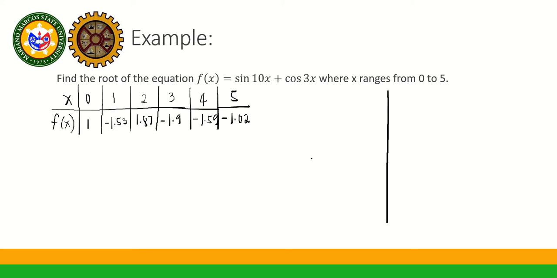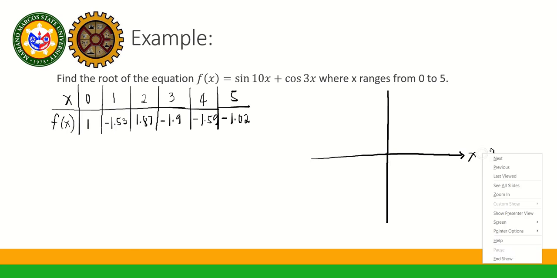This will be our y-axis and this is our x-axis. Okay? So una, meron tayong 0, 1, 2, 3, 4, 5. So this is 1, 2, 3, 4, 5.